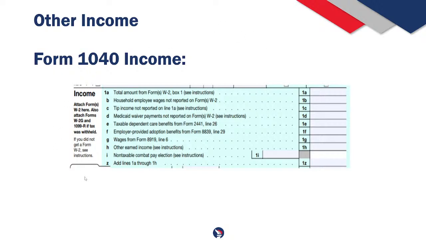So this is the 1040 section of income. This is not all of the things. Obviously, we still have Schedule 1 to deal with, where we have other income. There are just so many options, you can't put them all in the 1040.